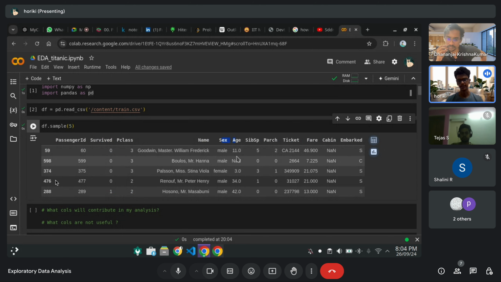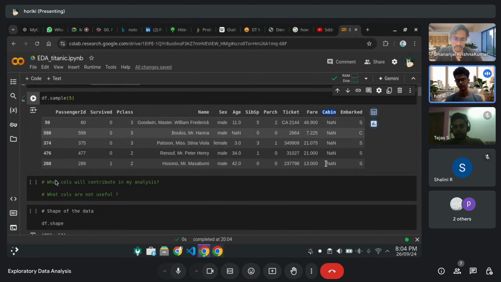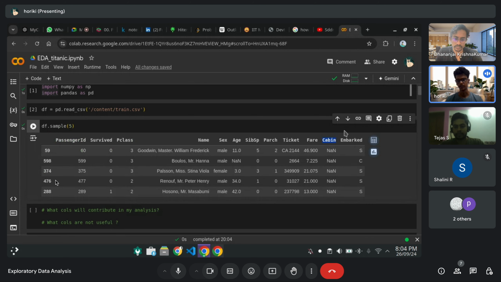As you can see, some of the ages are missing. Then siblings or spouse counts if you have a sibling or spouse. Parents or children tells you if the passenger had a parent or a child with them. This is the ticket, this is the fare, and this is the cabin number that they had. As you can see, this is mostly null. This is the embarked city. We have S and C, the two cities.